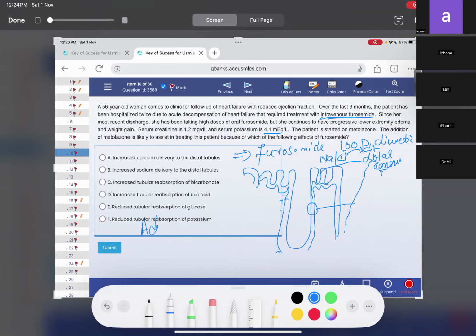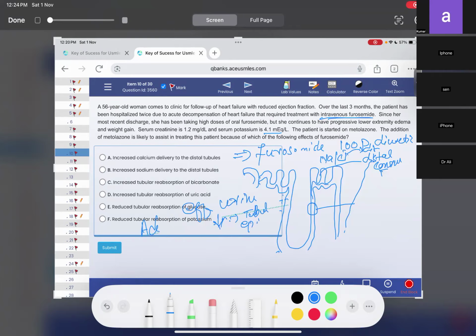Additive means both will work on the nephron and both will have the same function: decrease sodium absorption by the tubular epithelial cell and increase sodium excretion in the urine.